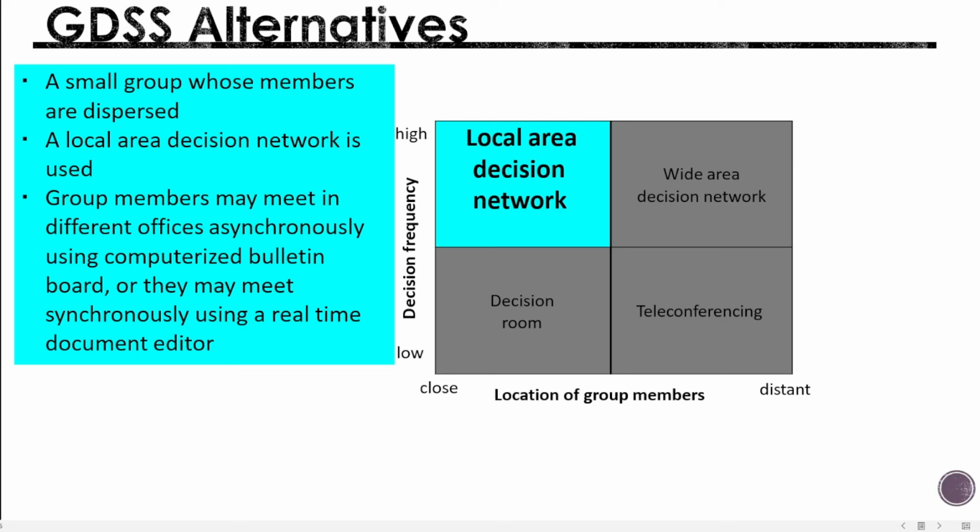And these systems are designed for groups that make decisions frequently and those who are located relatively close to one another. Example siguro nito is a team within the same building collaborating on a daily project using shared network.